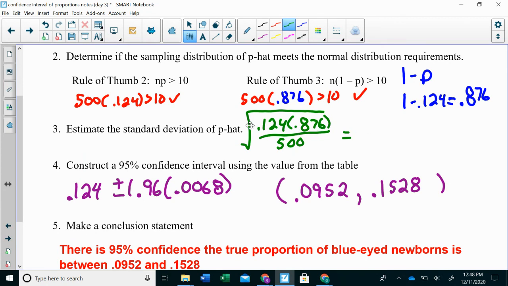So for that problem, example number 4, that square root standard deviation should have been 0.0147. So I apologize for that mistake the first time I worked it out. Again, I just copied down the wrong number from the wrong problem on my notes. The next thing that is going to change is instead of that 0.0068, I will make that change to 0.0147.